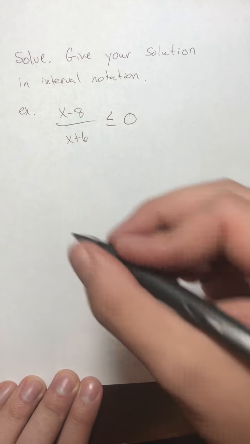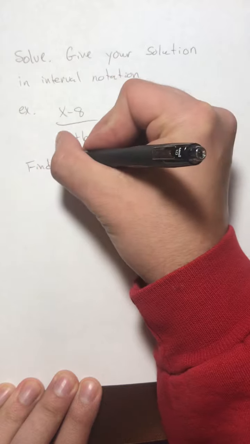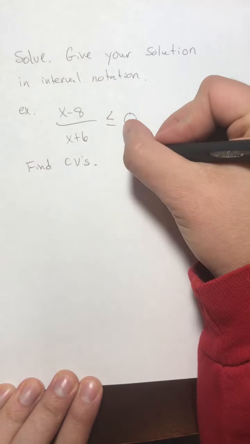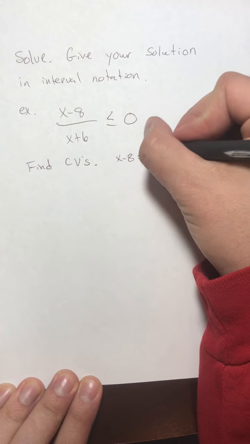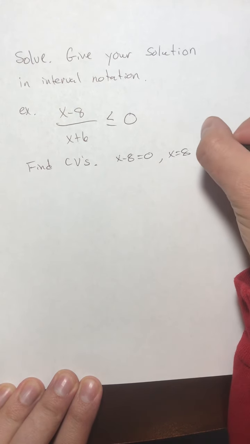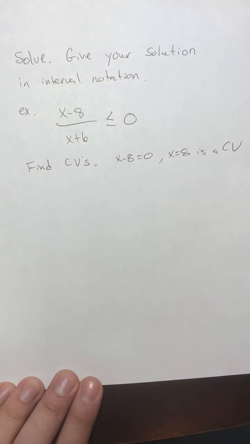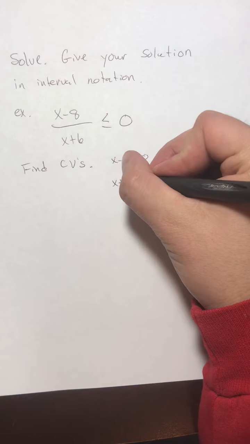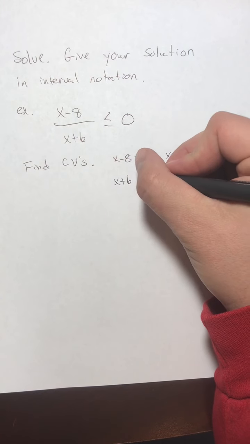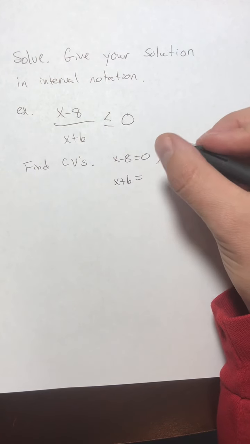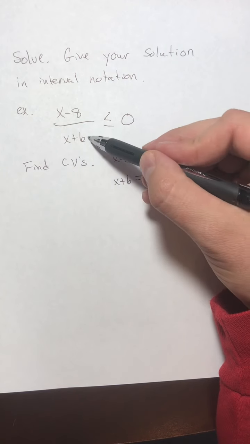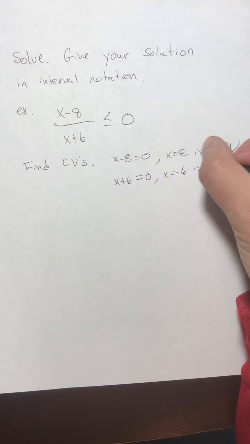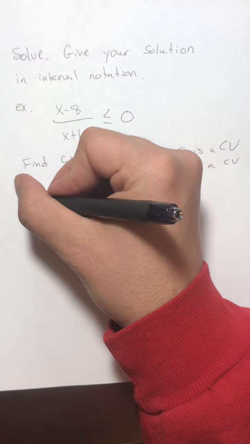So we are able to jump right into finding the CVs, and that comes from x minus 8 equals 0. So x equals 8 is a CV, and then x plus 6 equals 0, that is setting the denominator equal to 0. So x equals negative 6 is a CV.